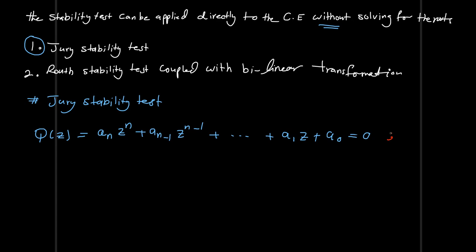And here I will assume that a_n is greater than 0. If not, I will multiply Q of z by minus 1 such that a_n is positive.